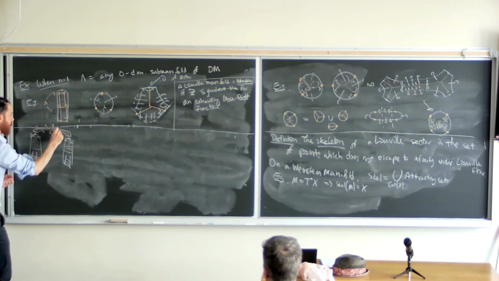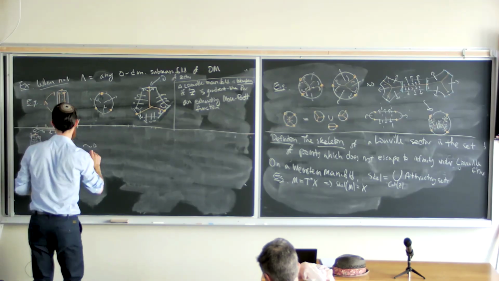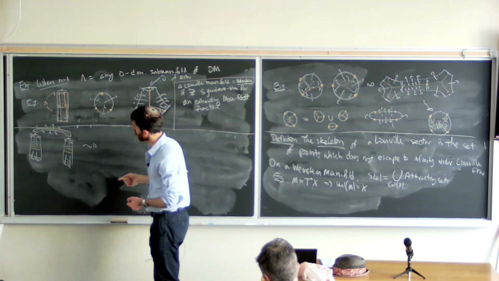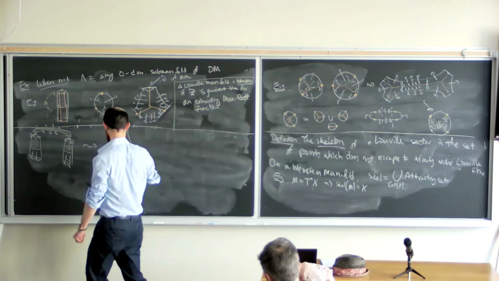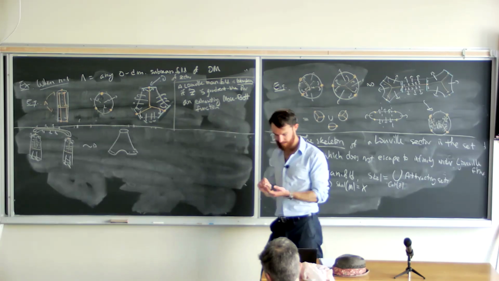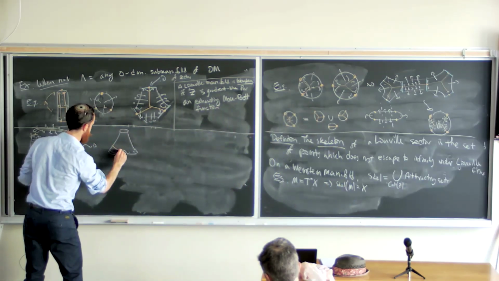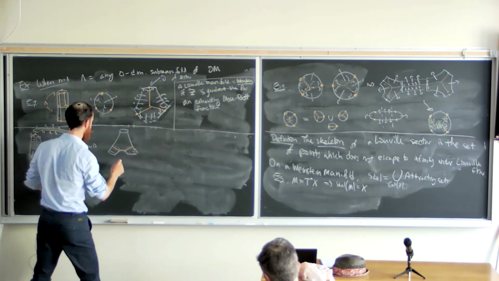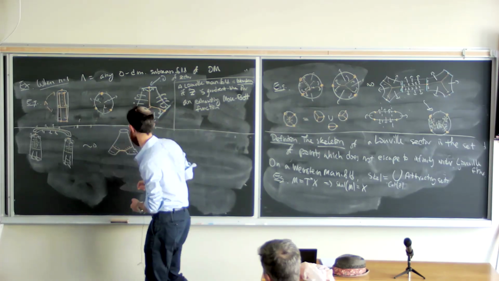And when I attach this, I claim that after this attachment, if you stare at it, you'll see that I have produced for you a picture of the symplectic, the Liouville pair of pants. With my skeleton given by one circle here, one circle here, and then this one orange line connecting those two circles like this.